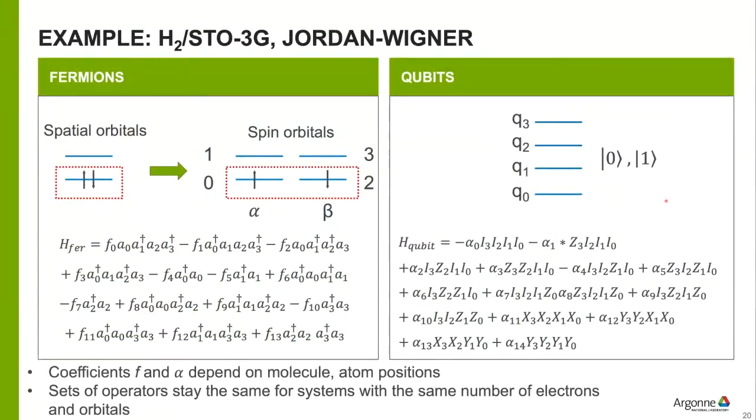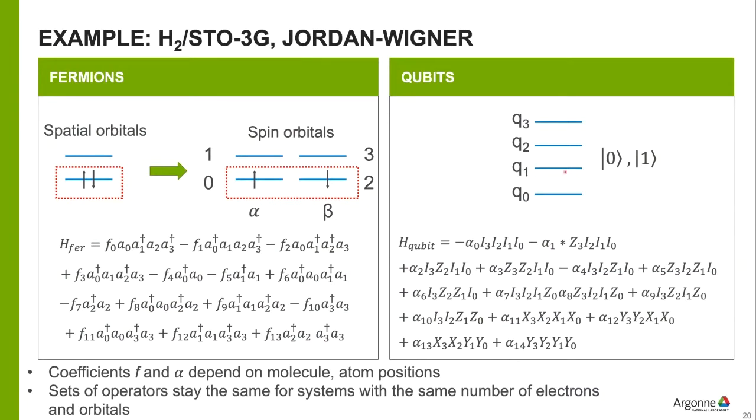So to give you an example, as I said, when we look at electrons and you work with spin orbitals, as in the case of H2, you have 2 spatial orbitals and 4 spin orbitals, so you can label them 0, 1, 2, 3.